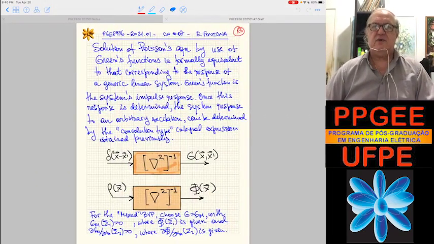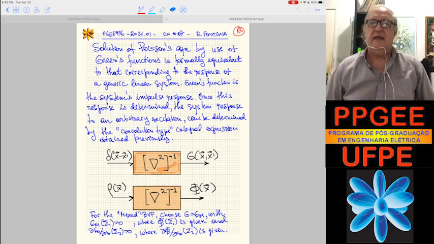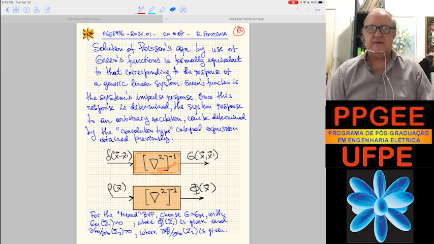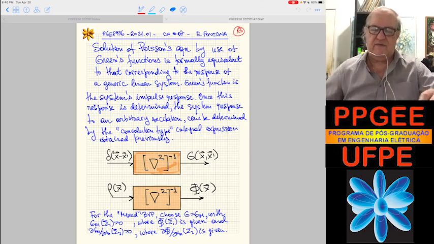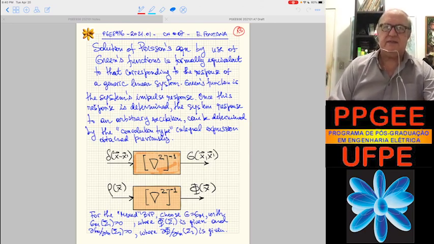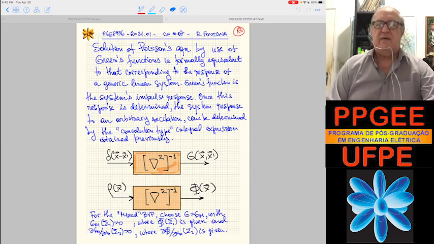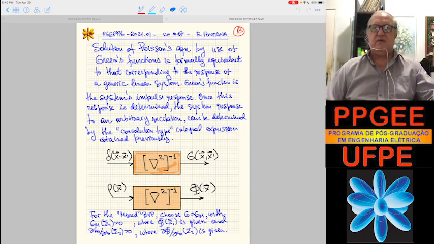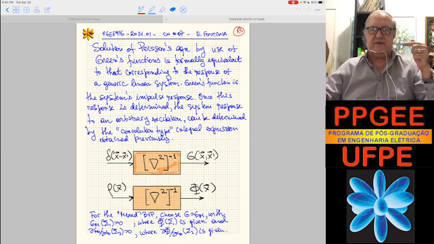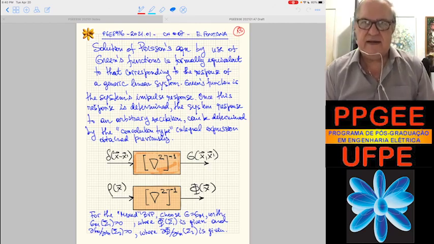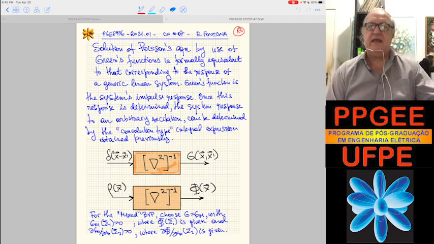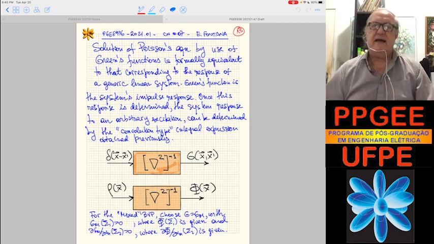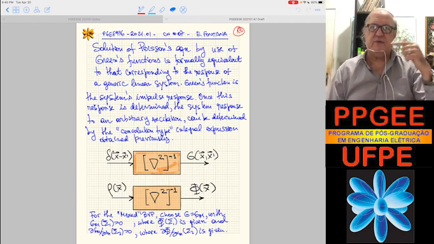So in summary, solving Poisson's equation by use of Green's function is formally equivalent to the solution of a problem of a general linear system. We recall that when you have a linear system, you excite it with the impulse function and have a response of the system to the impulse function. Then after you find that result, you can find the response to any excitation as a convolution of the response with that input.